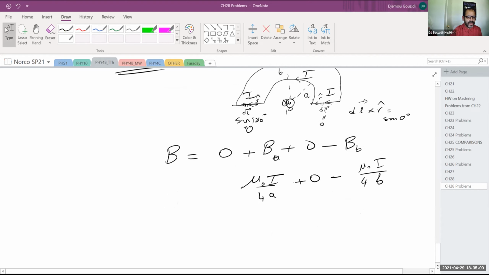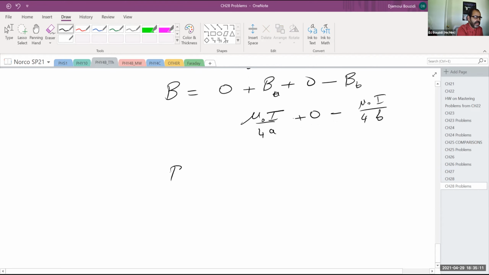So that's all there is to it. Now the magnetic field B is going to be mu naught I over 4 times 1 over A minus 1 over B.